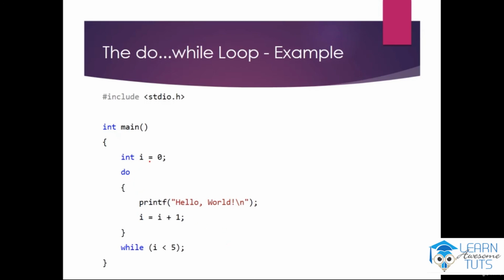The initial value of variable I is 0. We have this message printed, and then the value of variable I goes to 1, which is less than 5, and again the loop is in these brackets. So we repeat this loop until I is equal to 5, and then we exit the loop.